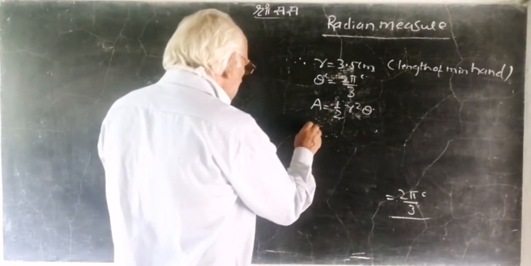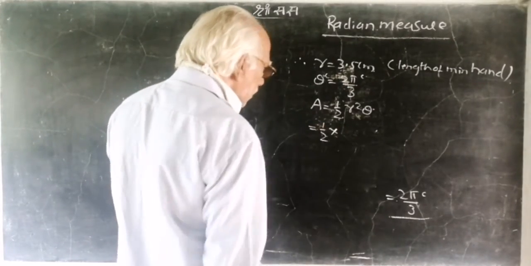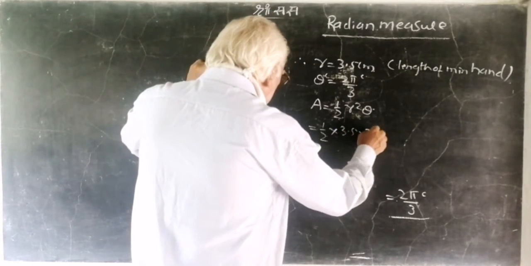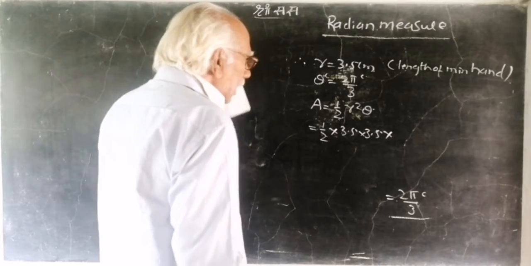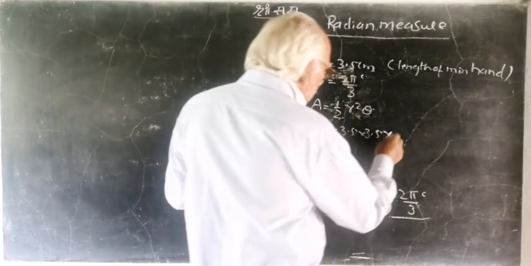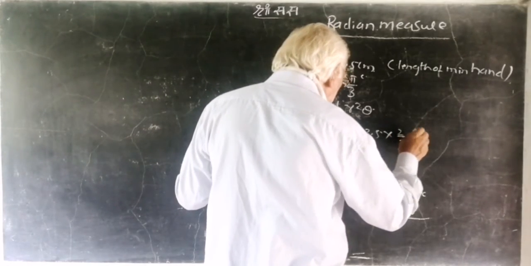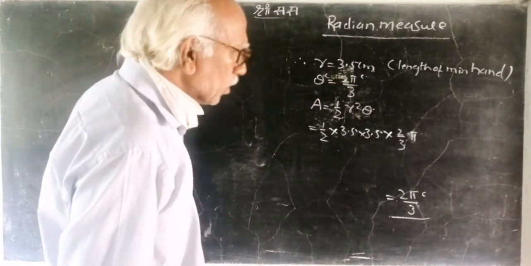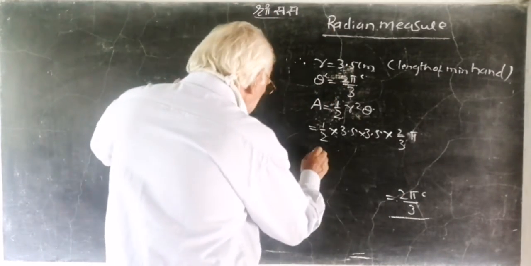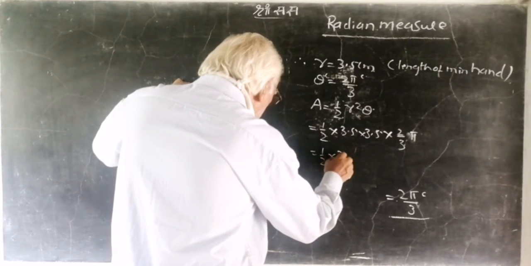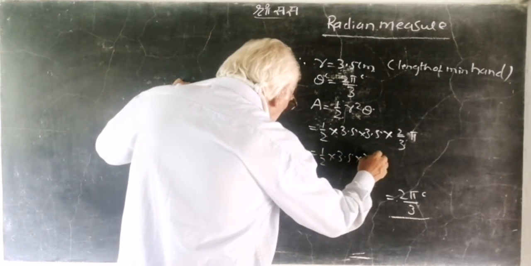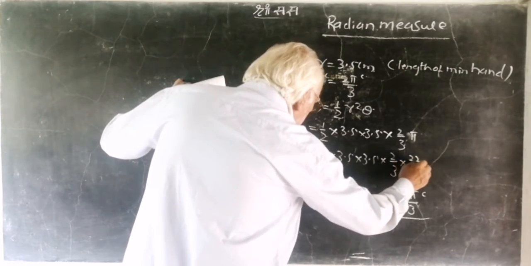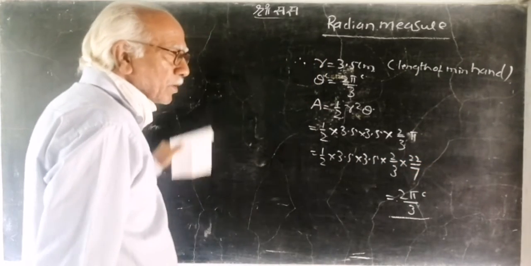So now you can accordingly substitute. 1 by 2, r square is 3.5 into 3.5, and that theta is 2 by 3 into pi, and that pi can be taken to be equal to 22 by 7. So 1 by 2 into 3.5 into 3.5 into 2 by 3 into 22 by 7.